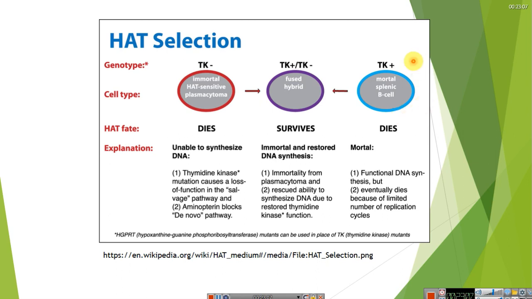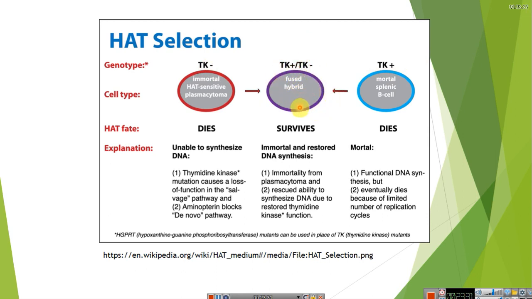Okay, so they are not immortal cells, they are mortal cells. They are destined to die after a certain number of cell cycles, so they die because of that. And what about these hybrid cells? Why do they survive? Because they are hybrids of TK minus and TK positive cells, so they have the TK positive phenotype, right?